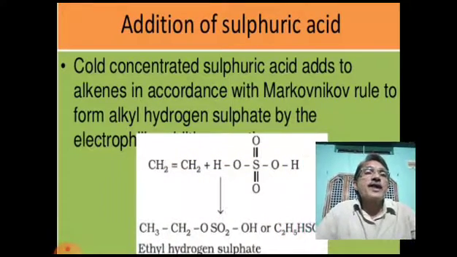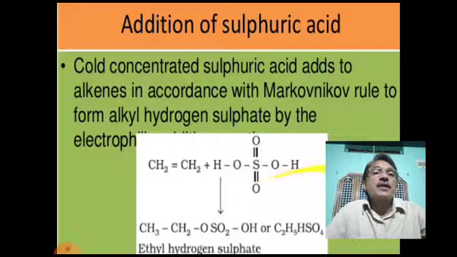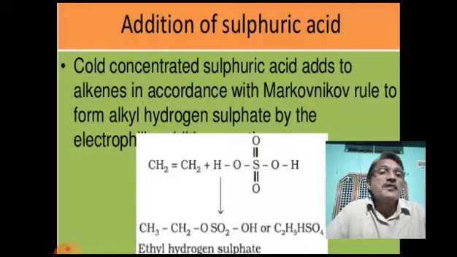Addition of sulphuric acid. Cold concentrated sulphuric acid adds to alkenes in accordance with Markovnikov's rule to form alkyl hydrogen sulfate by the electrophilic addition reaction. For example, ethene combines with sulphuric acid giving rise to ethyl hydrogen sulfate, C2H5HSO4.